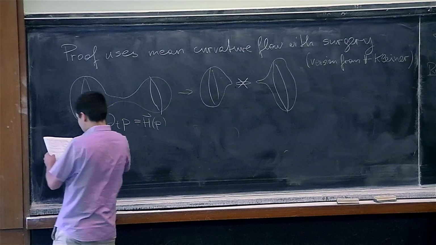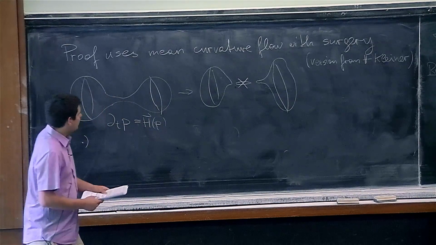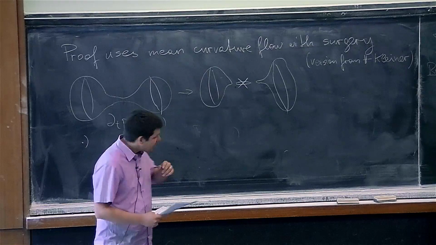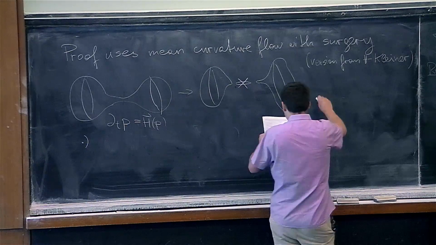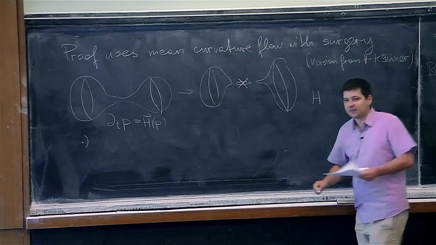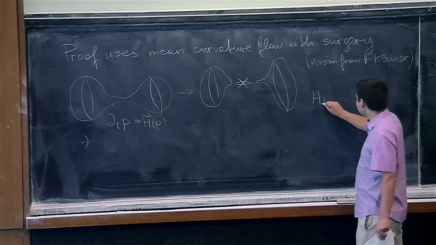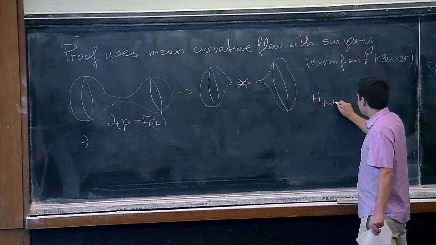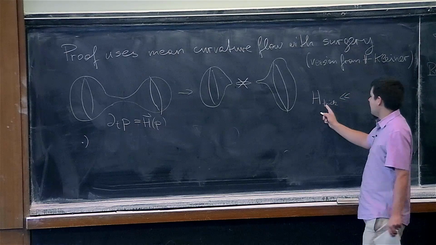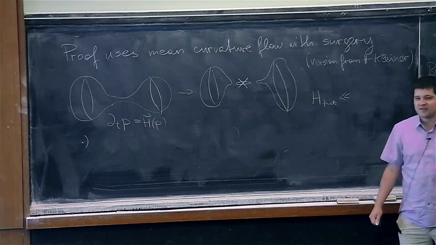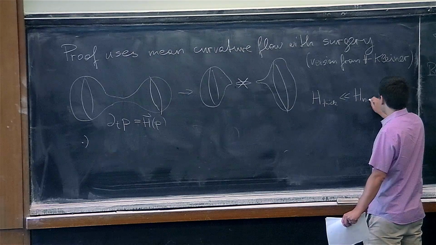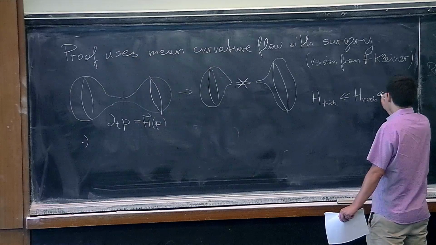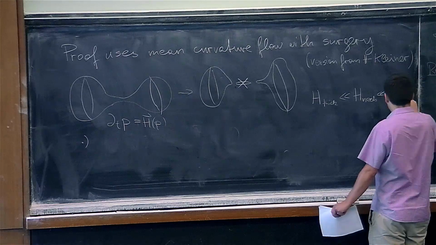So let me say very roughly what is a flow with surgery. So it comes with some scales, 3 curvature scales. So one scale is what we call the H thick, which is much less than the neck curvature, which is much less than the trigger curvature.